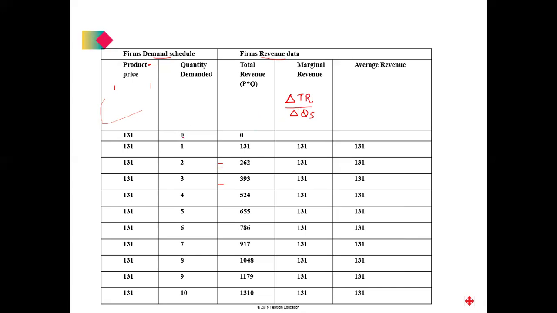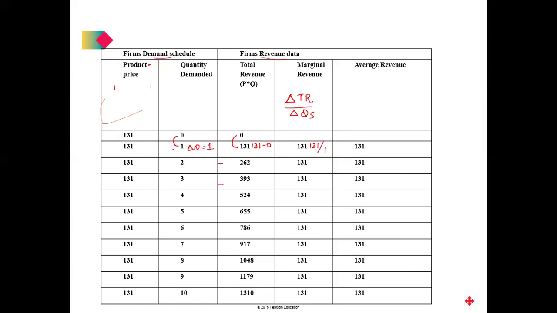For example, over here, I increase the quantity demanded from 0 to 1. So my change in quantity is 1, and my change in total revenue is 131 minus 0. So my marginal revenue will be 131 divided by 1.